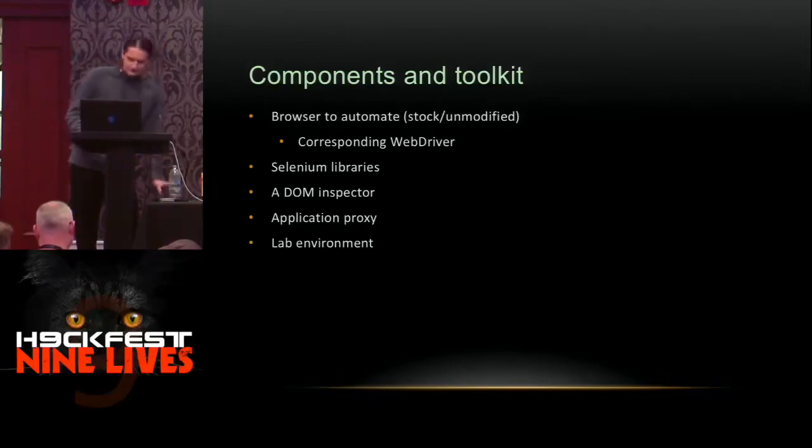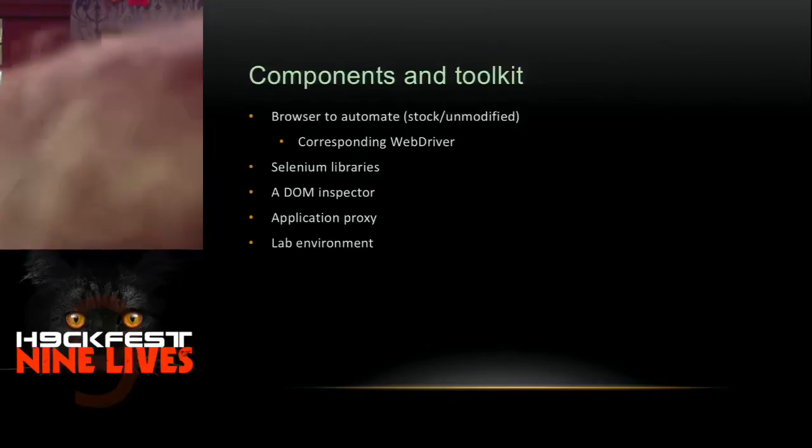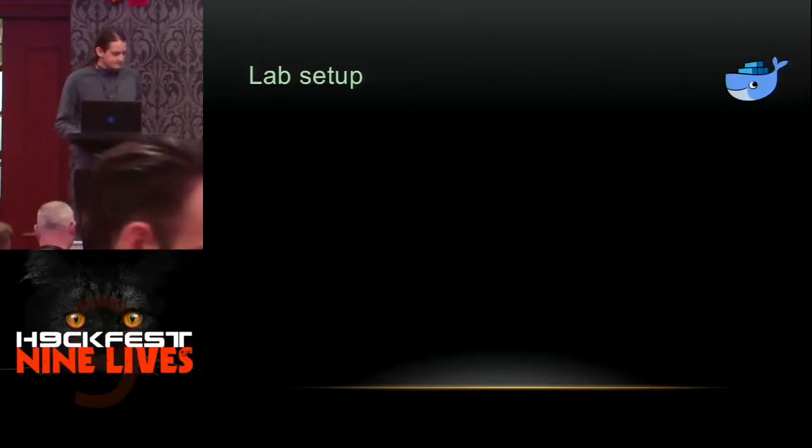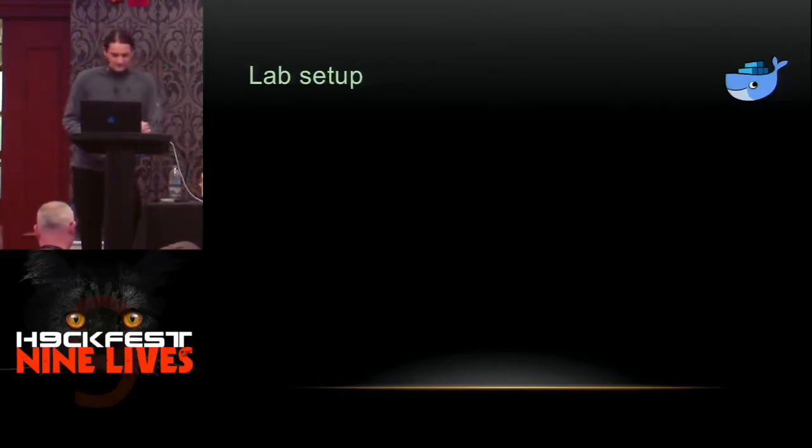So I'll do a quick overview of Docker. You guys probably are all familiar with Docker and containerization in general, but I'm going to just do a quick overview of how I set up this particular lab to run a complex web application, and how it really is just ridiculously simple these days with Docker Compose, even for applications that require multiple containers, like a database backend.